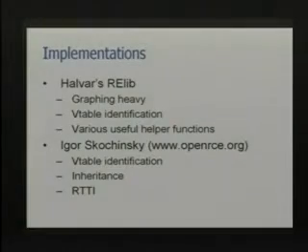So, some different implementations. Halvar released a library in Python. I think it's called relib. I think there are 5 files in there. Most of it's about graphing, splitting up different functions, and disassembly to display. There's a little bit of stuff in there for vtable identification.